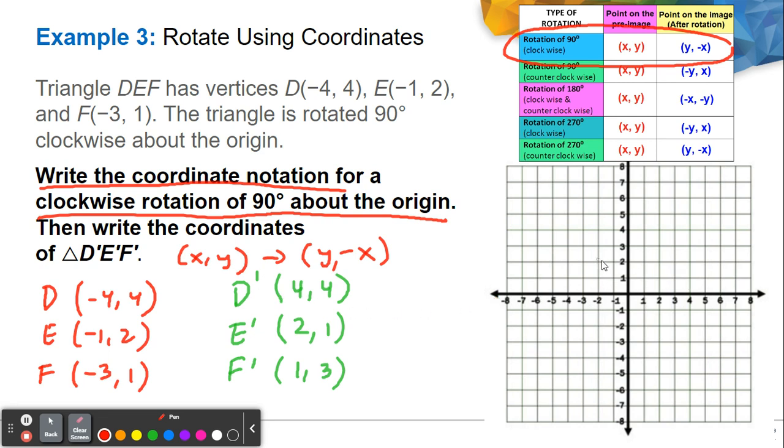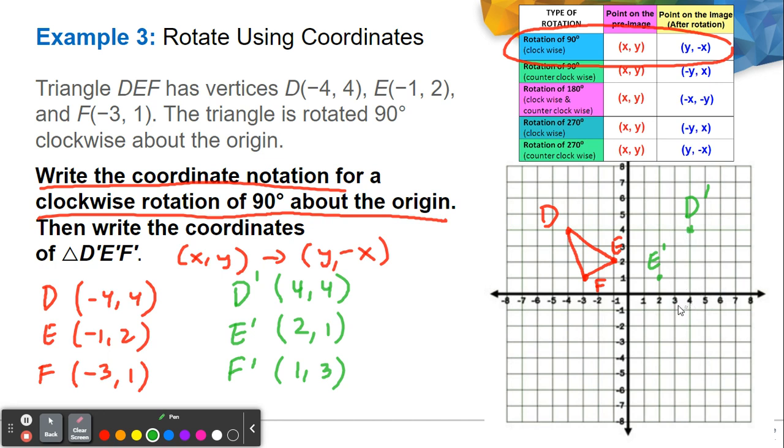Let's graph the pre-image first. Negative 4, 4 is this, that's D. Negative 1, 2, this is E. And then negative 3, 1, that's F. This is our pre-image. If we rotate it 90 degrees, we have 4, 4, that's D prime. 2, 1 is E prime.